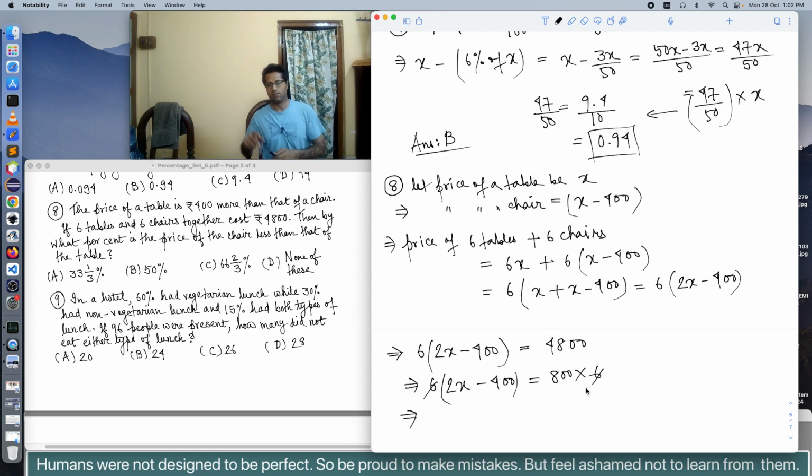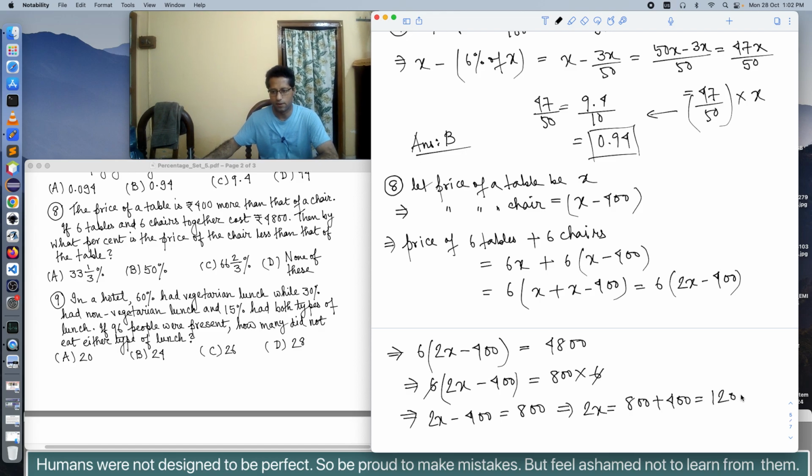Cancelling out a number from both sides actually means dividing both sides by that number. So we have 2x minus 400 is equal to 800. This implies 2x is equal to 800 plus 400, which is equal to 1200. This implies x is equal to 1200 divided by 2, which is equal to 600.